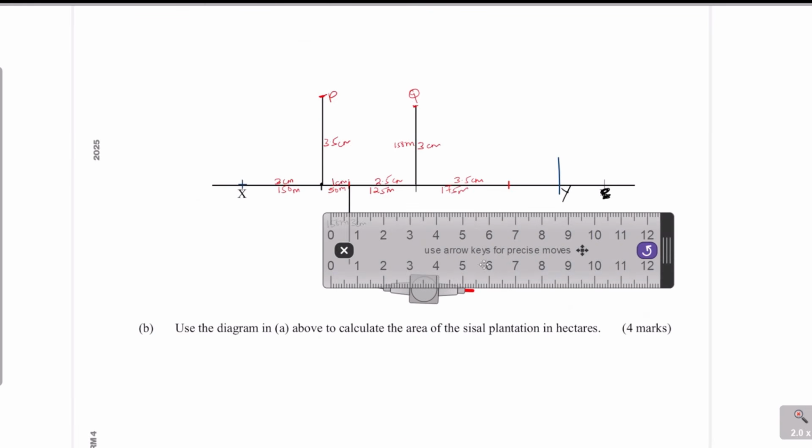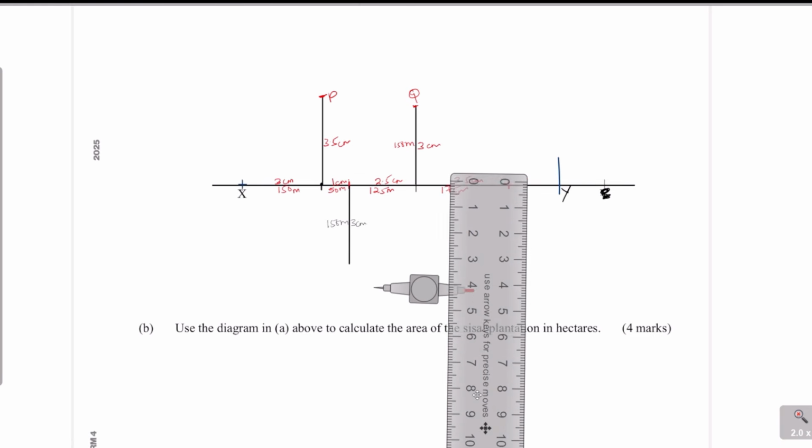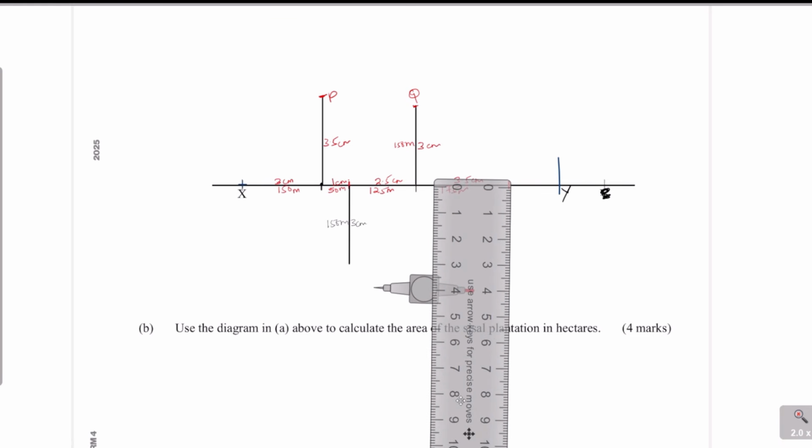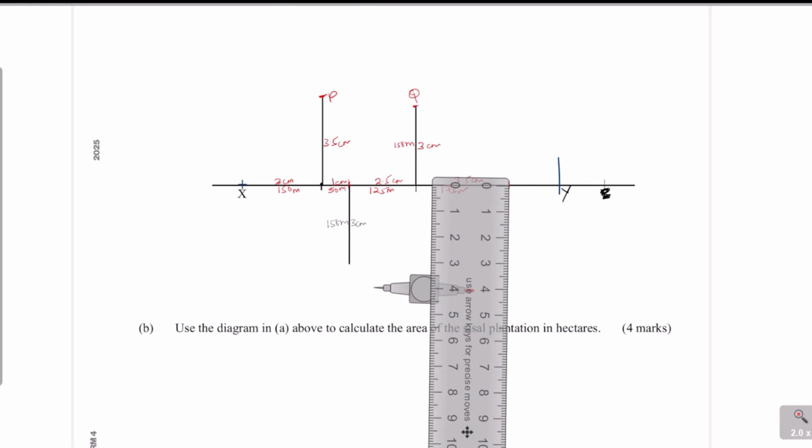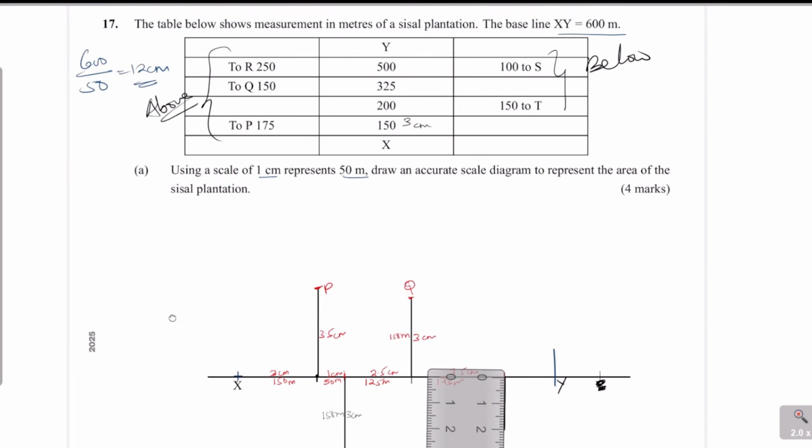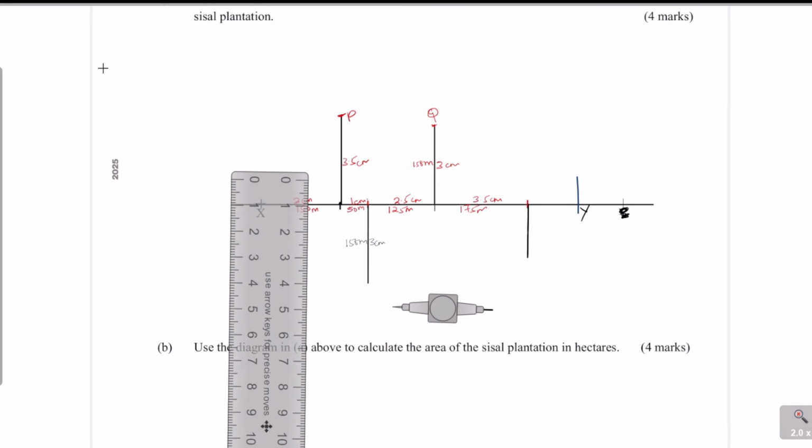From here, we measure 2 centimeters below, up to that point. And that one will take us to S. So this point is S, and this is 100 meters, 2 centimeters.